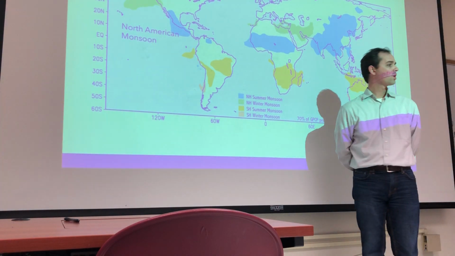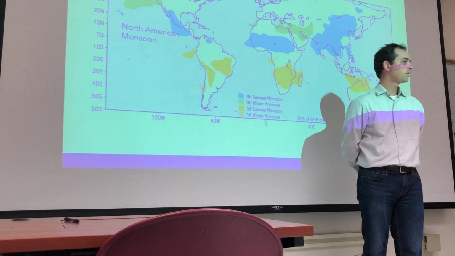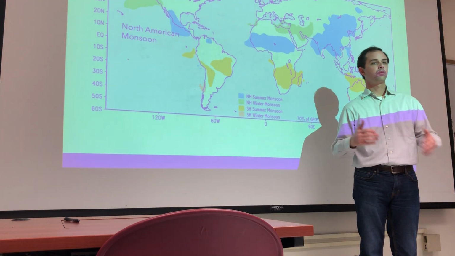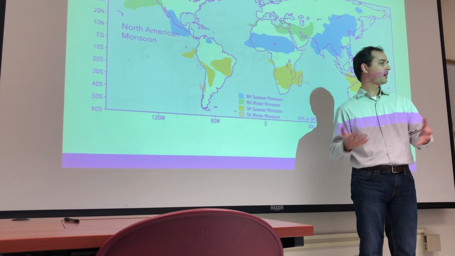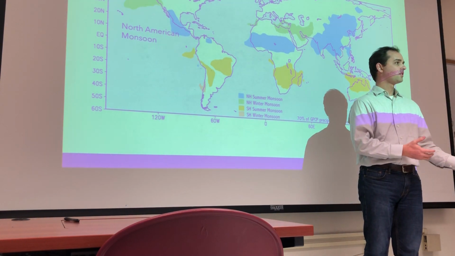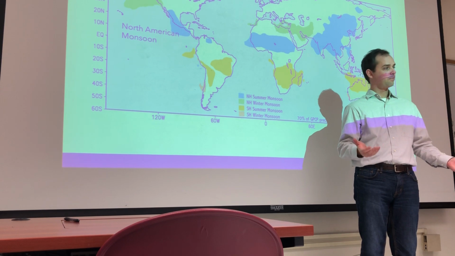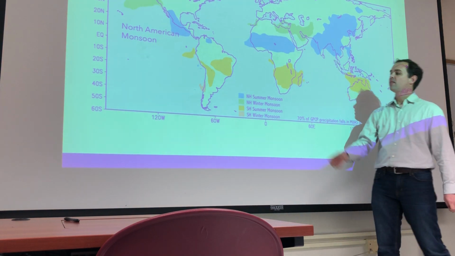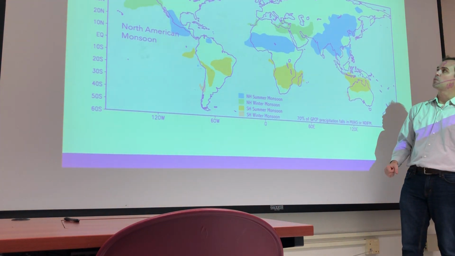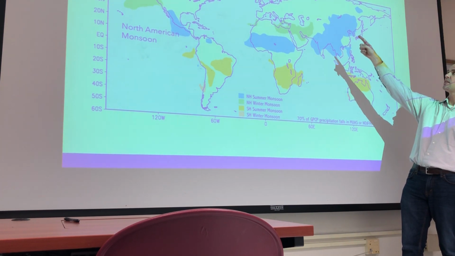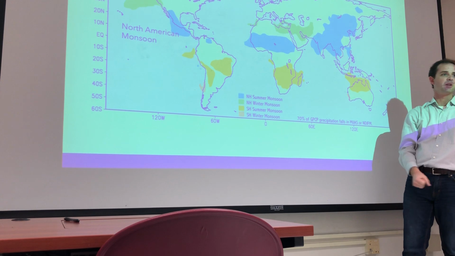We do get more of our rain during the summer here than we do in winter. But the contrast in precipitation between our summer rain and our winter rain is not strong enough that it would typically be called a monsoon system, at least according to this. The people who created this map said they were defining the monsoon as regions that have 70% of their annual rainfall in 5 months.